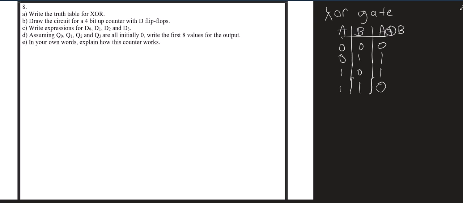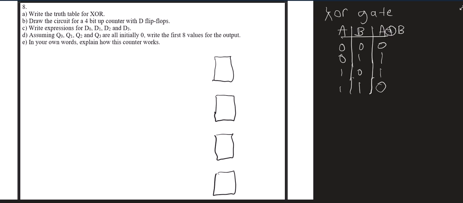Okay, so now we're going to draw the circuit for a 4-bit up counter with D flip-flops. Now this is in your book and probably in your notes as well, but I thought it would be helpful to draw it, because it reminds you of what all the parts are, and that can help you figure out what's going on. So it's a 4-bit counter, so we have 4 flip-flops.